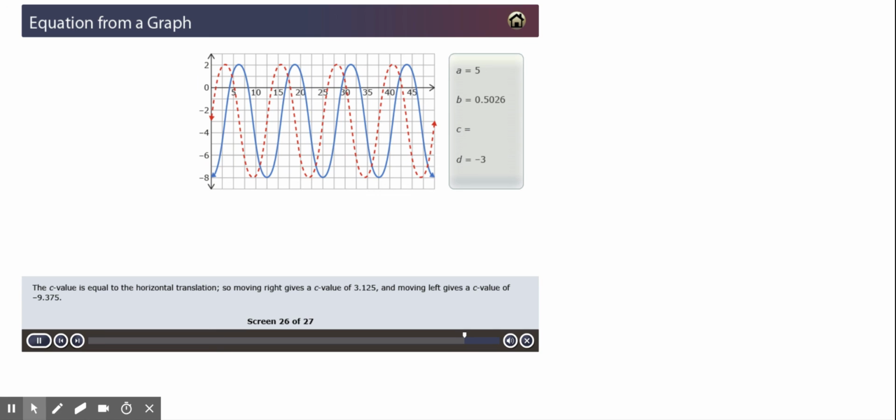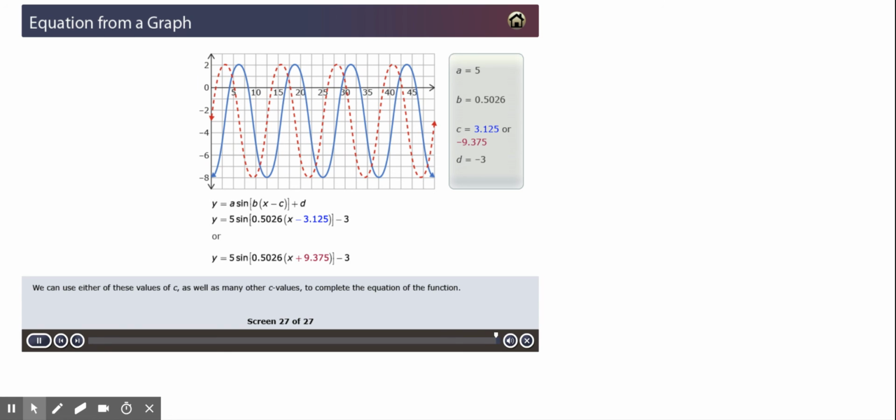The C value is equal to the horizontal translation, so moving right gives a C value of 3.125, and moving left gives a C value of -9.375. We can use either of these values of C, as well as many other C values, to complete the equation of the function.